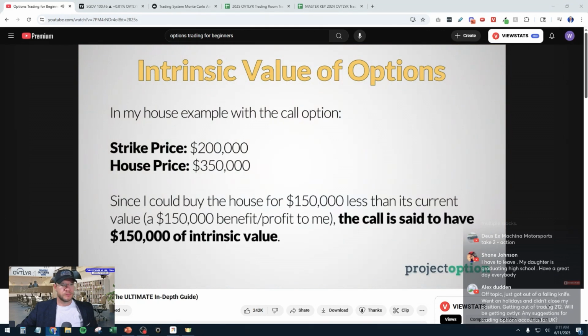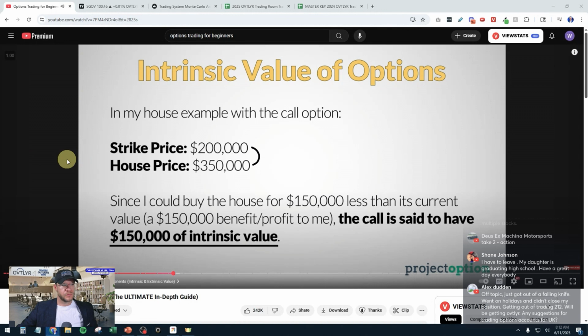Since my call option allows me to purchase the house for $200,000 and the house is currently $150,000 above that at $350,000, we would say that call option had $150,000 of intrinsic value.